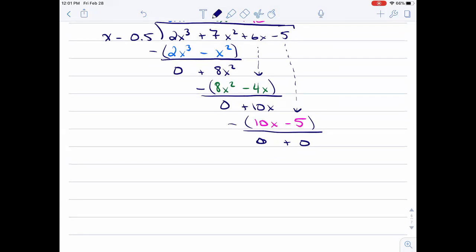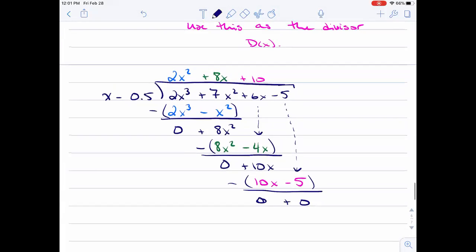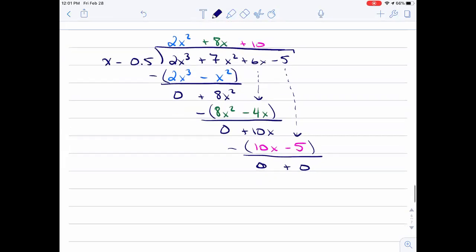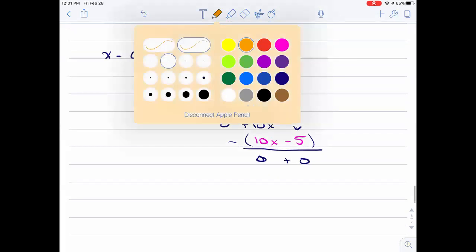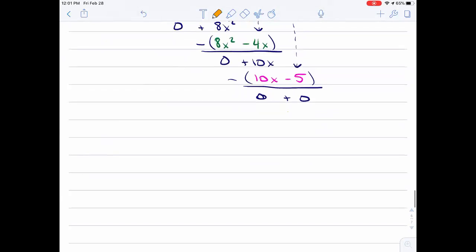Womp womp. 0. But what have we shown? That means that we're able to pull out x minus 1/2 from this thing cleanly, right? No remainder, which means it is a factor of this thing. And so here, this is saying that r of x is 0.